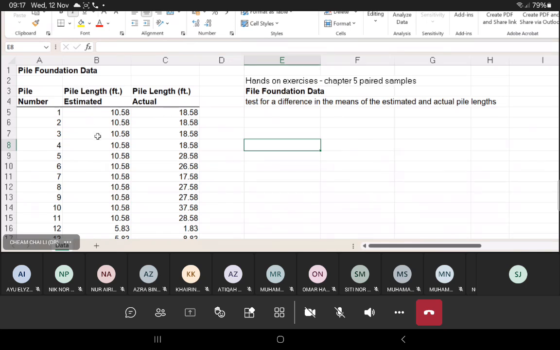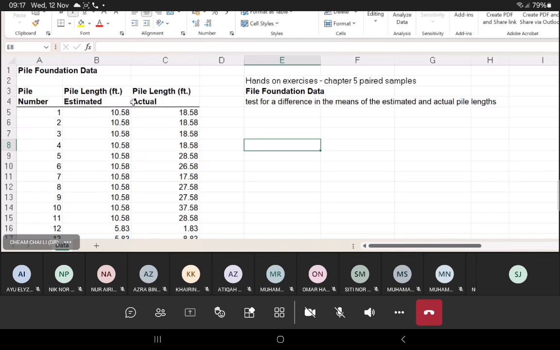Estimated means that before they build it, they have already estimated the length of the PAL. And then once they have built it and produced the physical PAL, they compare with the estimated, right?